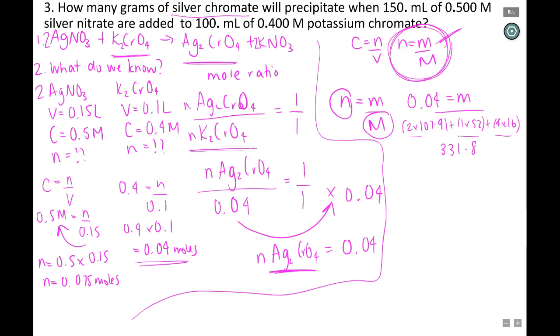So our equation then becomes 0.04 equals M over 331.8. We move this over here so that it's then 0.04 times 331.8 equals our mass. And our mass, how many grams of silver chromate we need, is 12.4 grams.